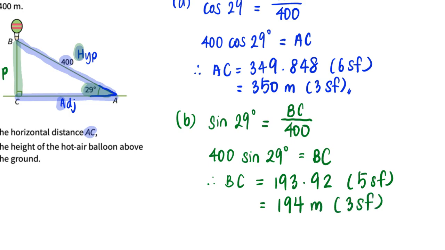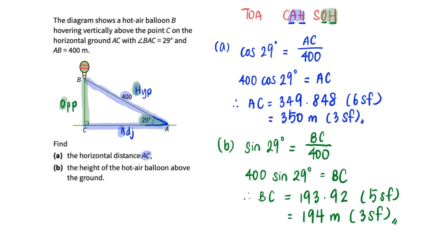So you see, Mr. Tan here likes to first round off the value to 5 or 6 significant figures before writing down the final answer. This is so that in the event that I do need to make use of the length AC or BC in subsequent questions, I will use the 5 or 6 significant figure values. That will ensure my accuracy.